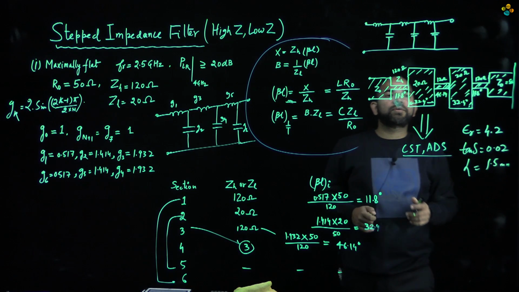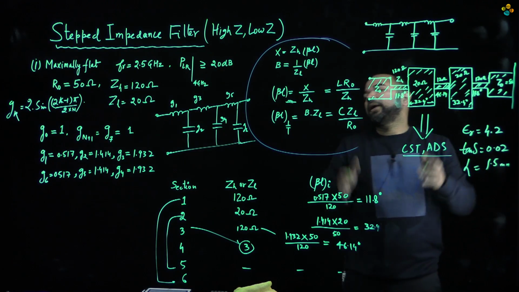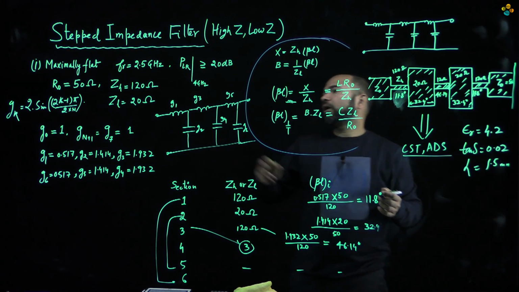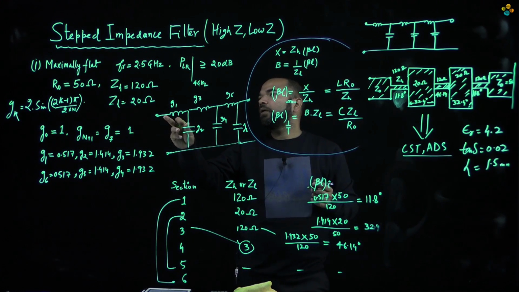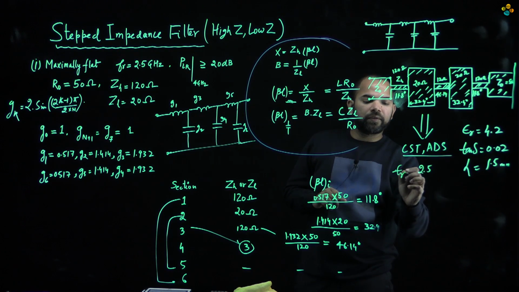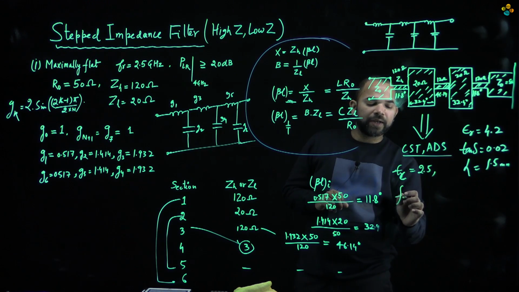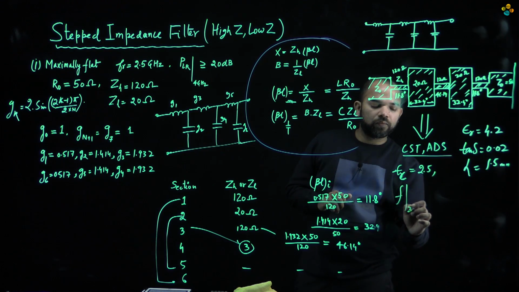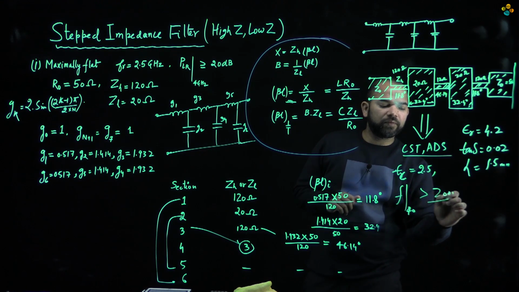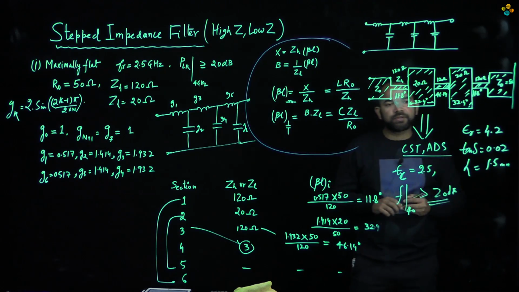Then try to see whether after doing these calculations your filter comes out to be a low pass filter with a cutoff frequency FC of around, say, 2.5 gigahertz, and whether it is giving isolation at 4 gigahertz of more than 20 dB or not. So you need to check that with your simulation studies. So thank you very much.